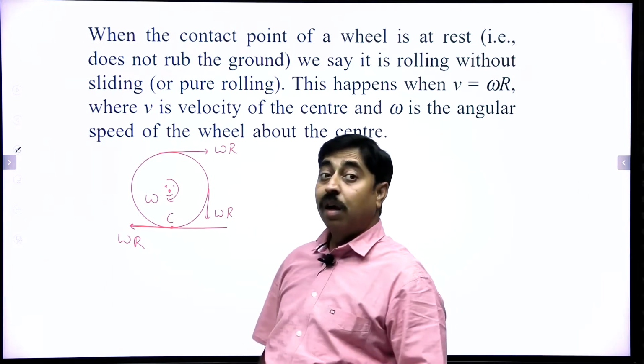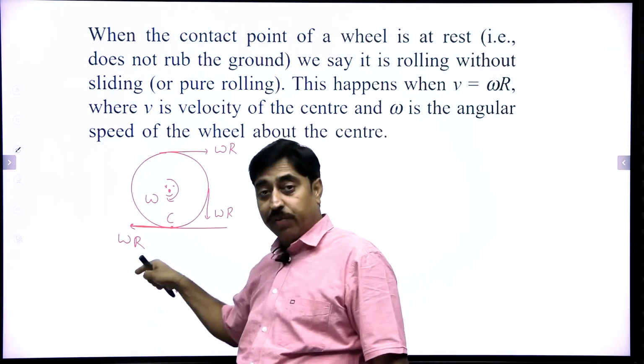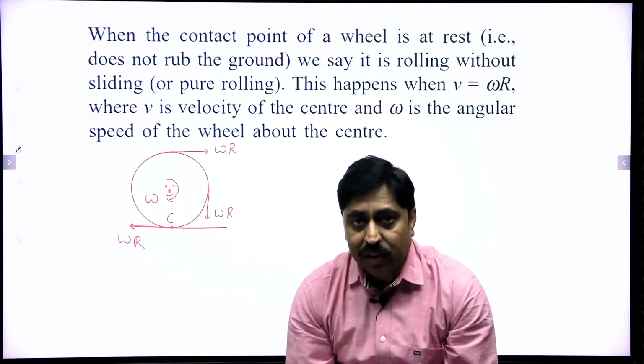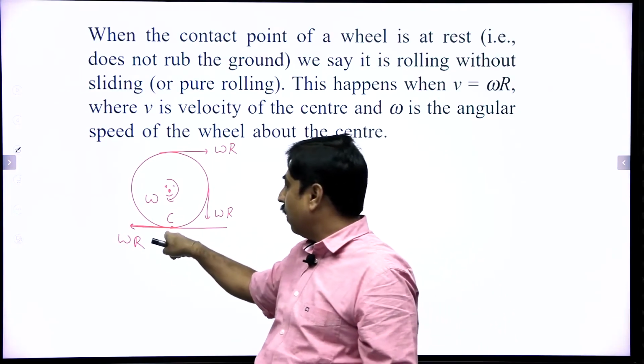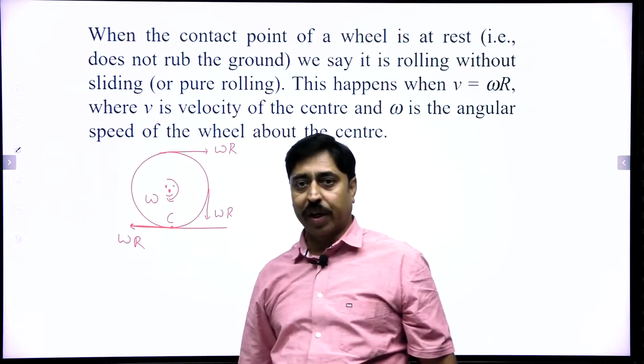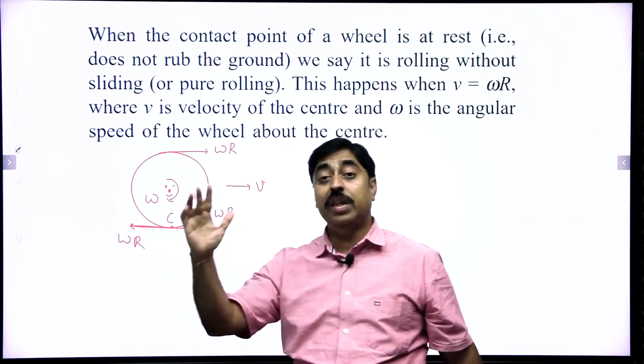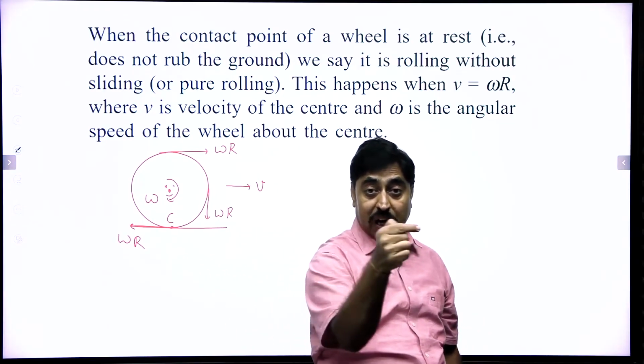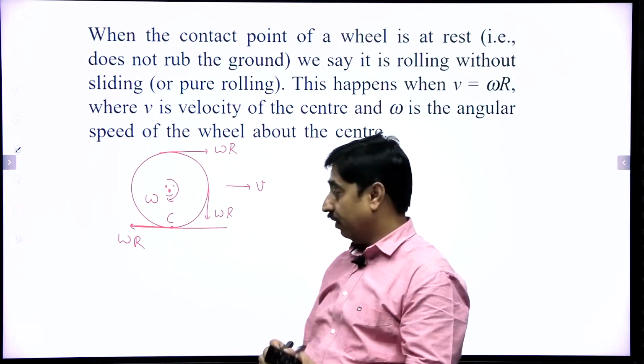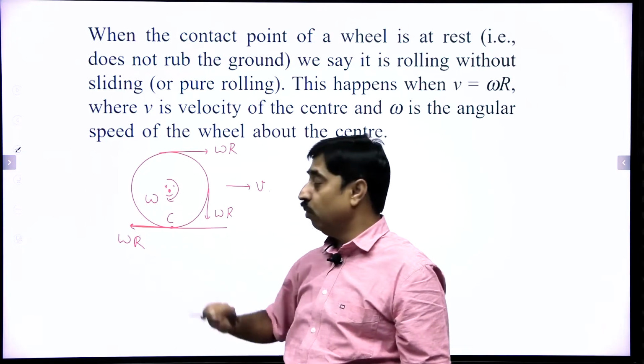For that I need to add to this velocity the velocity of center of mass. With respect to the center of mass, the velocity of this point is omega r, and if this wheel is moving with velocity v, that means the center of the wheel is going forward with velocity v. In that case, this v has to be added to this.